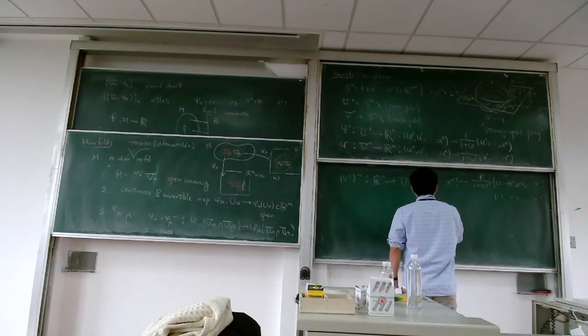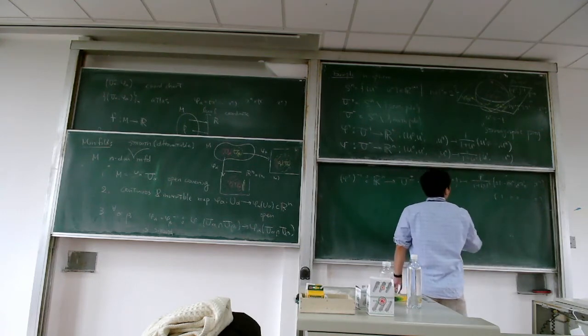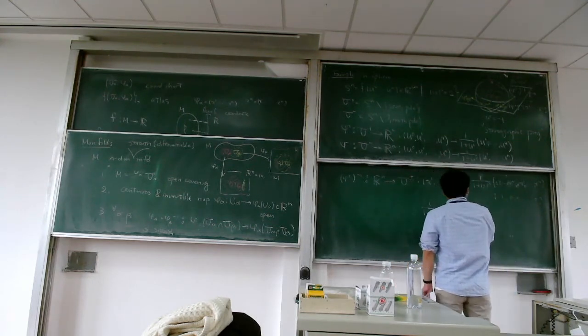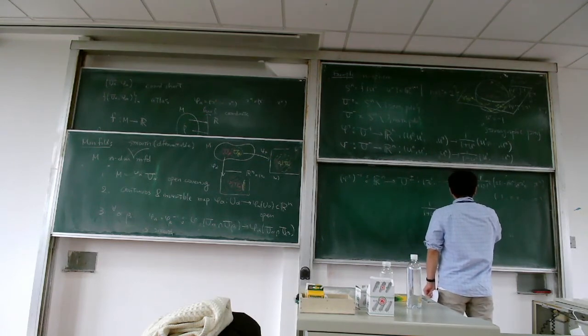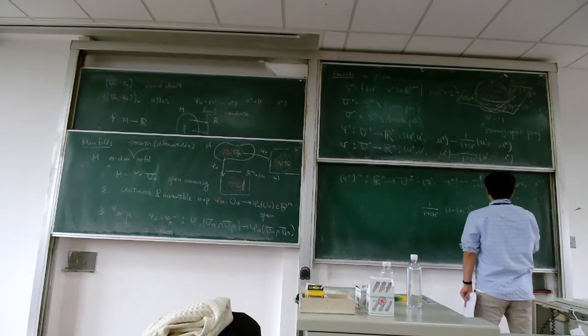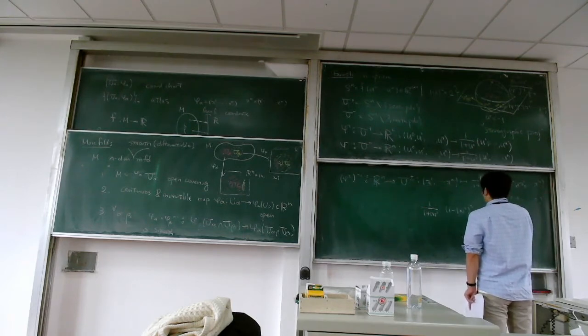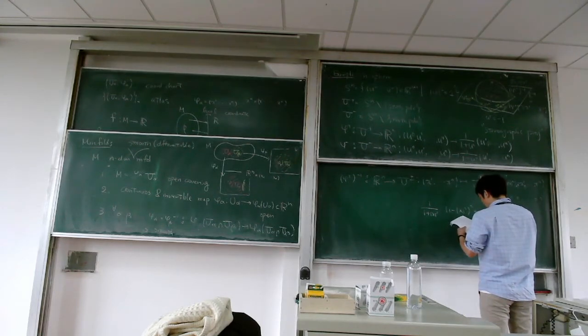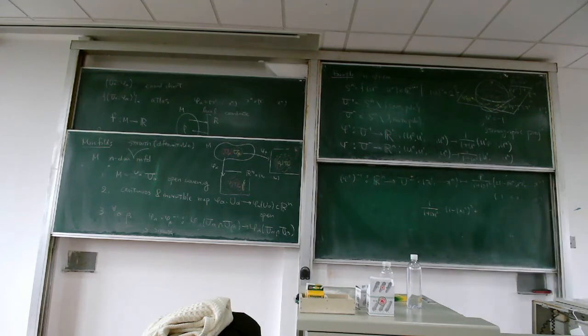So 1 over 1 plus x squared, and then 1 minus x squared plus... Sorry, I think I made some stupid mistake on the normalization.